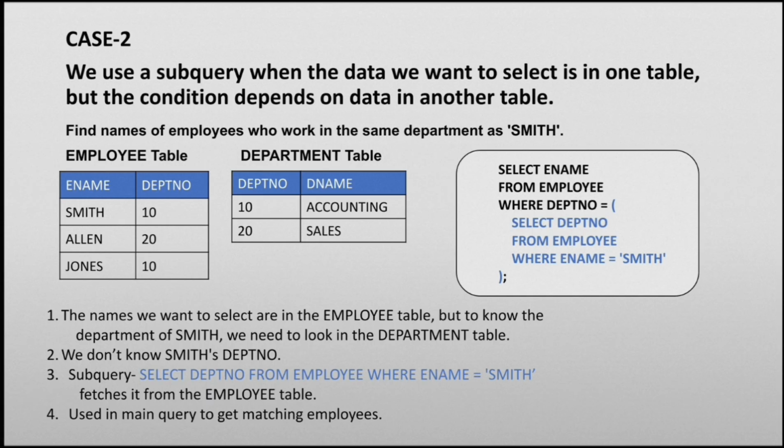We don't know Smith's department. So here the subquery, select department number from employee where ename is equal to Smith, fetches the department number of Smith, and we can then use this in the main query to find the matching employees.